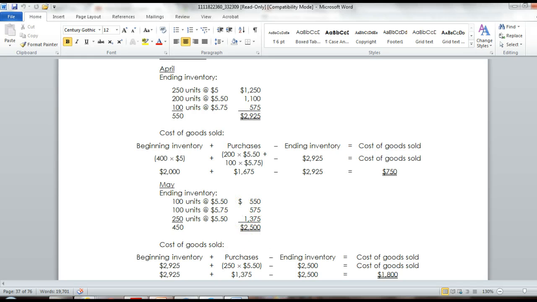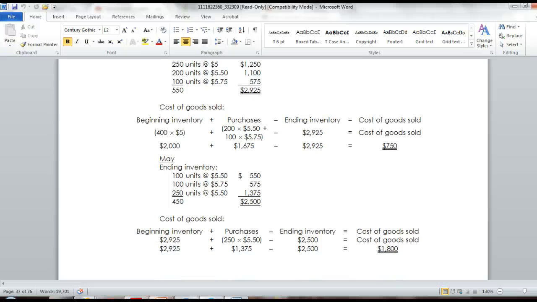Now to determine our cost of goods sold, we know we started with $2,925, and that consisted of these various units here. So we know that we sold 350 units.